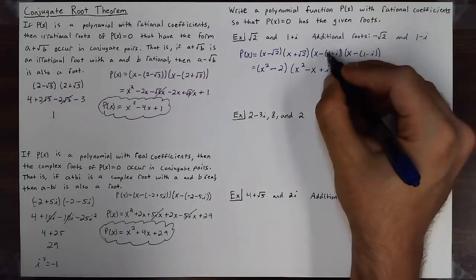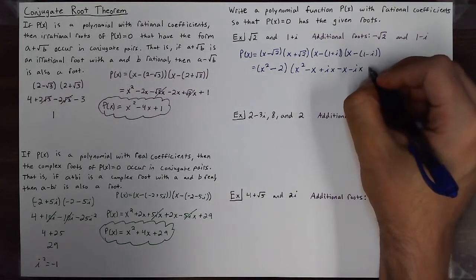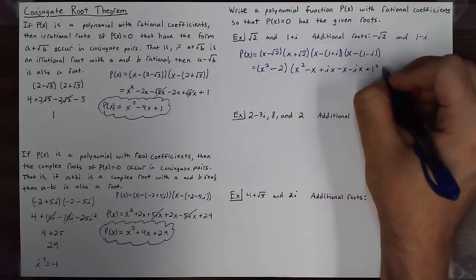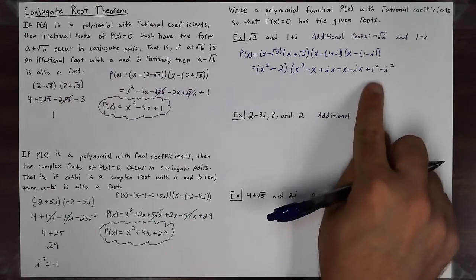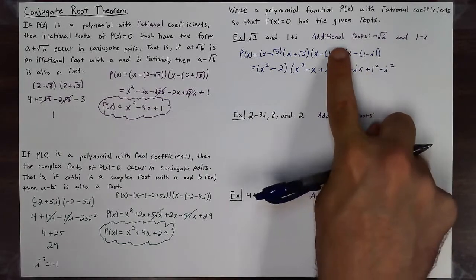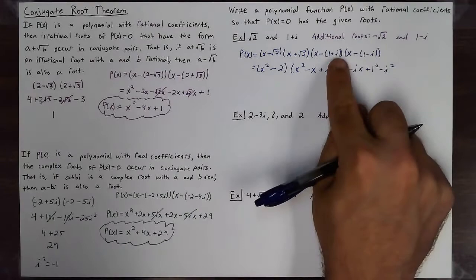This is a conjugate pair, so I could use that difference of squares to multiply them, giving me plus 1 squared minus i squared to get that last bit. The middle term should cancel.